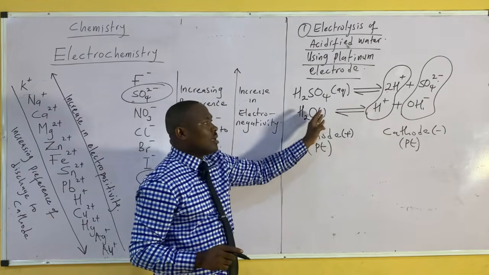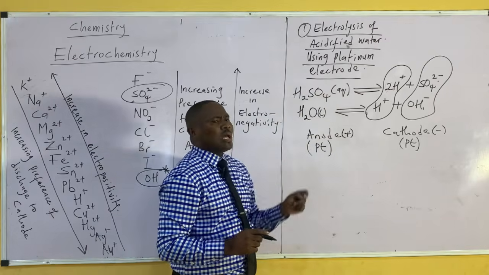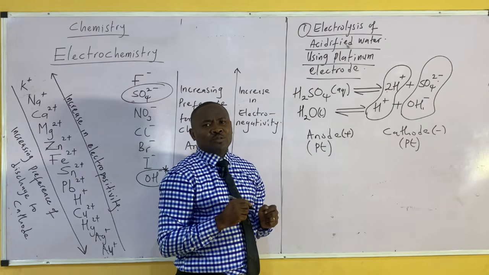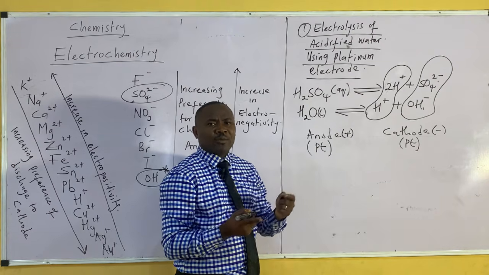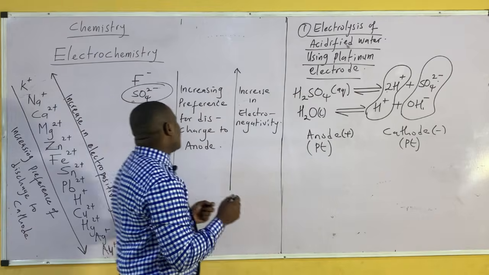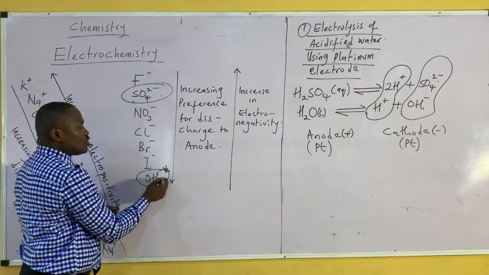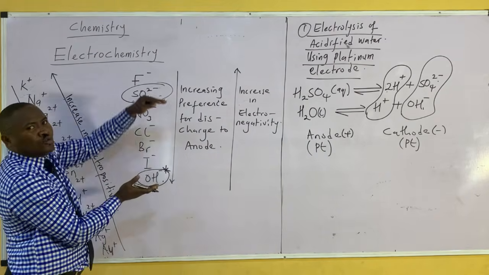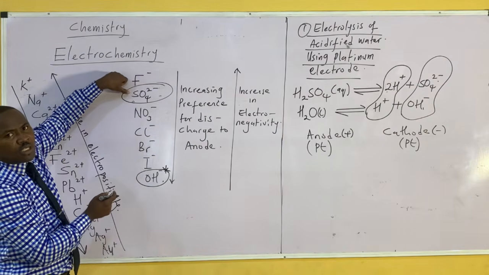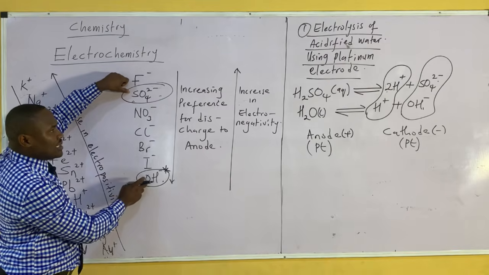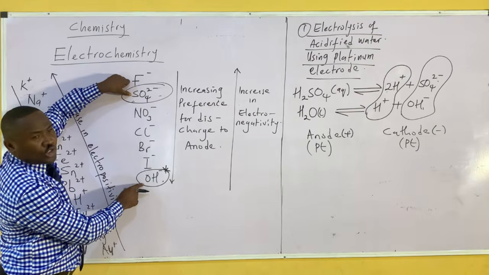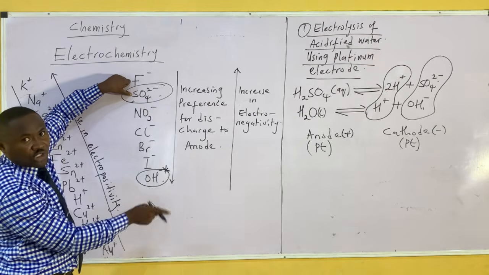Remember, this is water, but this is an acid. Then you now ask, isn't concentration of ion one of the factors that determines preferential discharge of ion? Yes, there is, but the distance between these two ions is too far apart. So this ion is more concentrated than this ion, but this ion, in terms of position, is favored to be discharged.